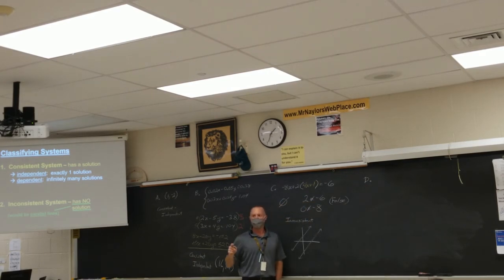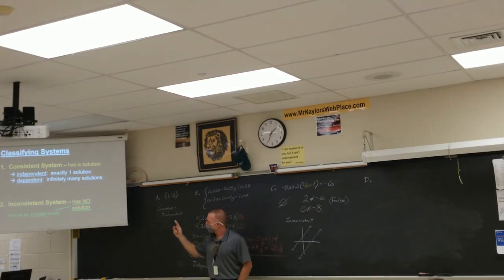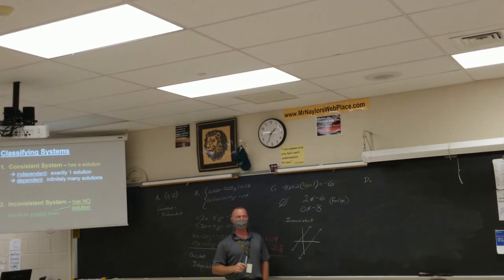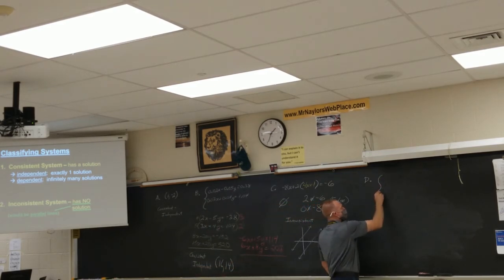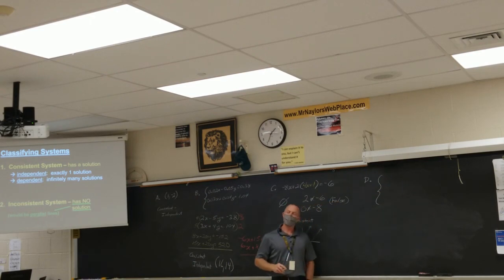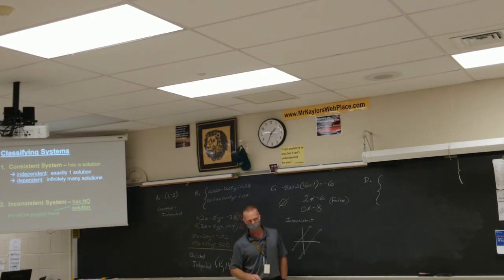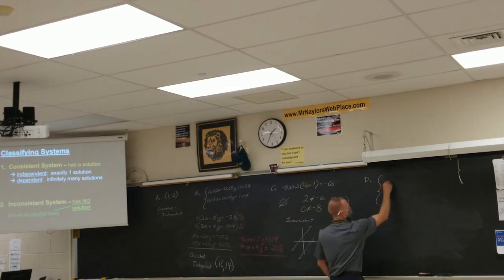Let's make up a letter D. Let's make up a dependent system. You put it somewhere, maybe at the bottom, maybe on the back. What kind of lines would intersect at every point? Here's a line.